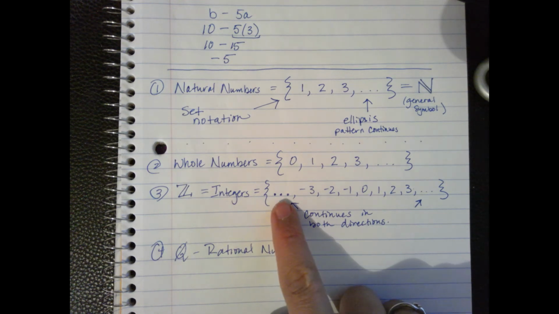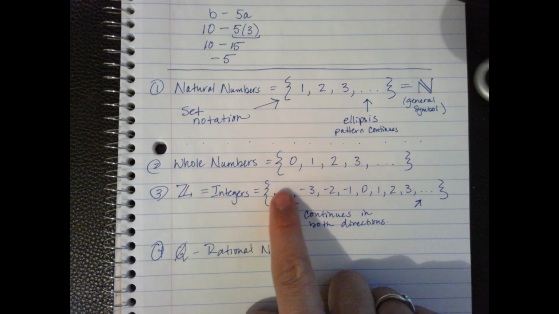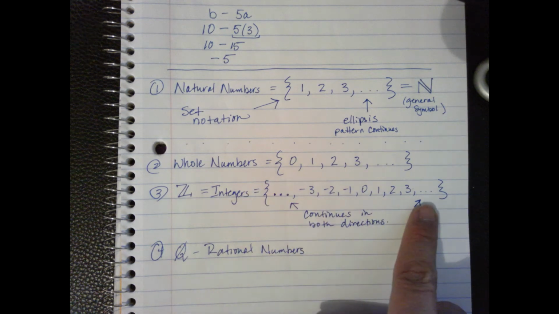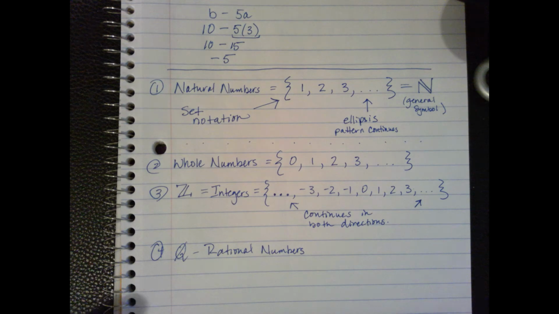Here, this was enough to write out a portion of the pattern, and then we could see that it went on in both directions. Okay. For the rational numbers, though, that is a very complicated thing to attempt to begin doing, so we don't. And what we do instead is write a short description of the rational numbers.